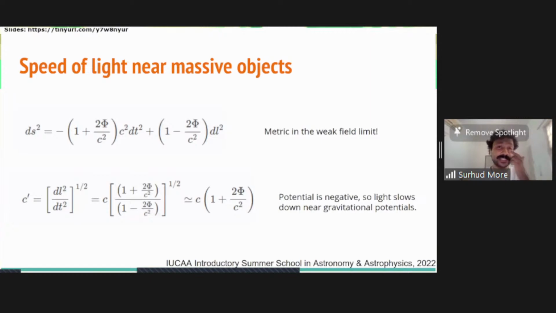So this is something that Einstein realized, and then he said, well, if light is slowing down near gravitational potentials, then we know that similar kind of things happen if you look at the speed of light, say in a glass medium, or in a medium which has a refractive index greater than 1.